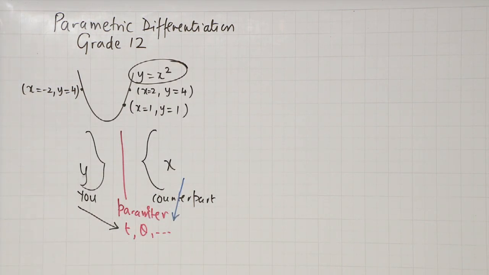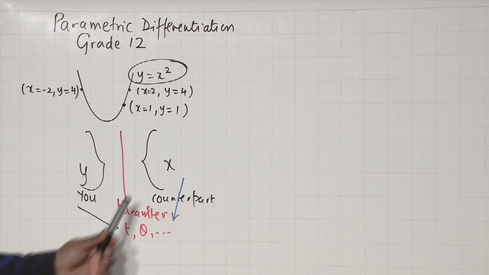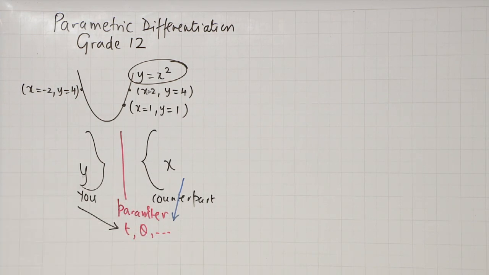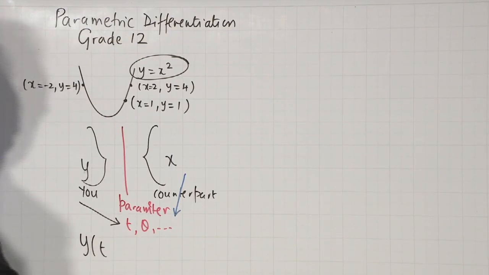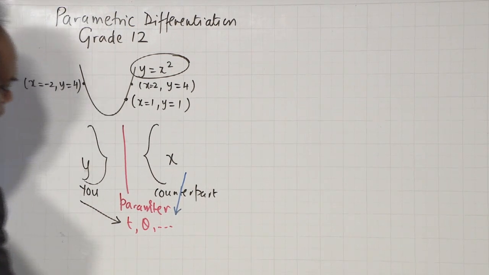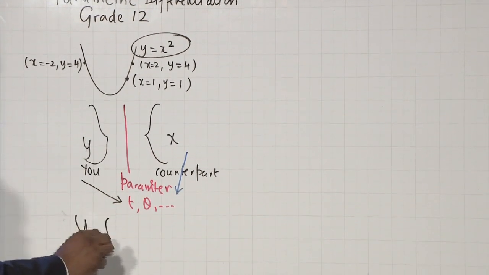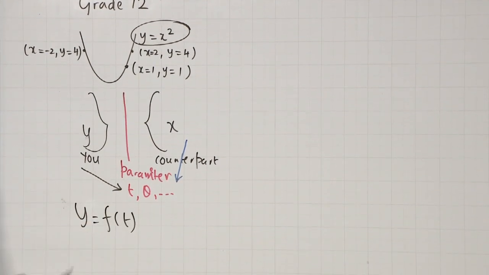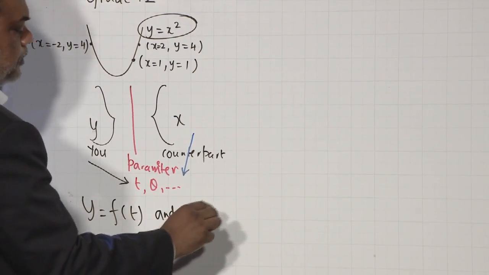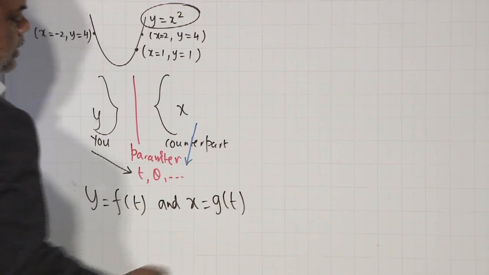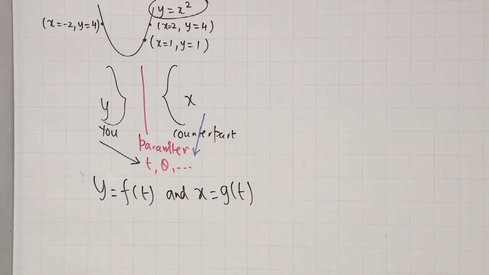Here we are going to have two equations. So one will be y in terms of t. That is, I'm going to have y as an equation in terms of t, and x as an equation in terms of t.